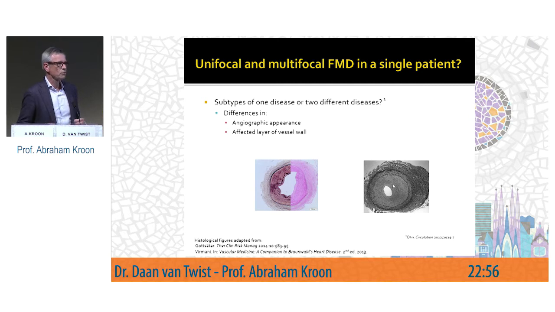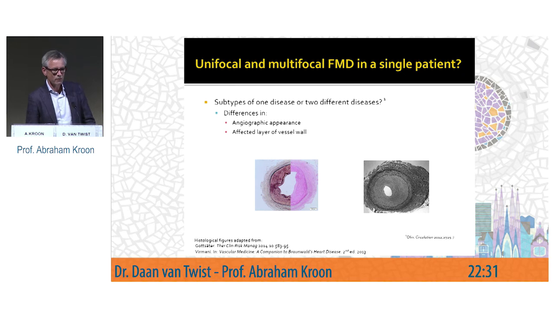But there is also a histopathological difference. Here you have medial disease, which is almost always found in patients with the multifocal disease with the string of beads. And this is the abnormality of the intima, which is almost always found in the focal stenosis.